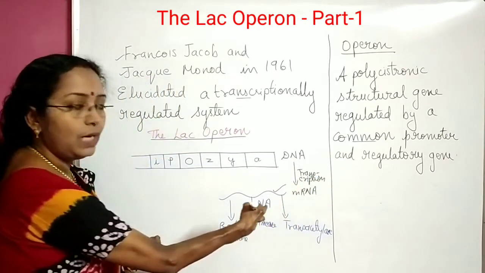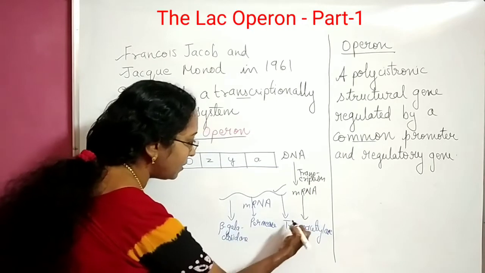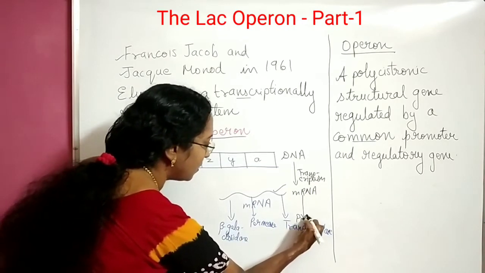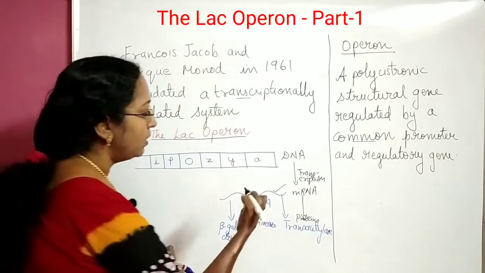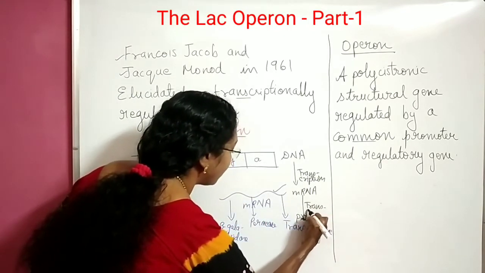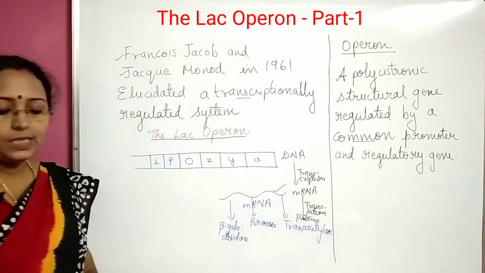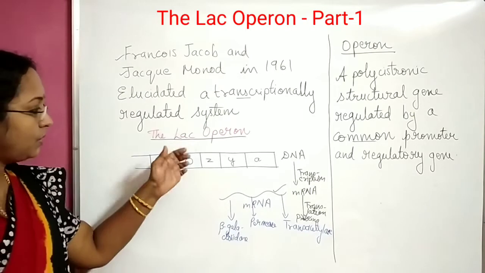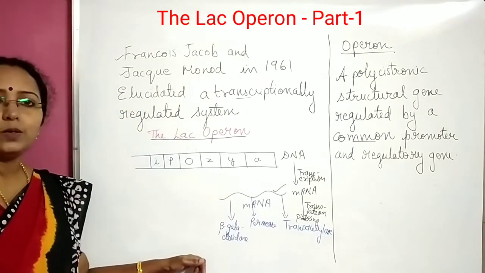And only if mRNA is produced, it can produce all these three proteins. They are enzymes, and almost all enzymes are proteins. This stage is called translation. So gene expression means the gene is producing its mRNA and the mRNA is producing the corresponding proteins.